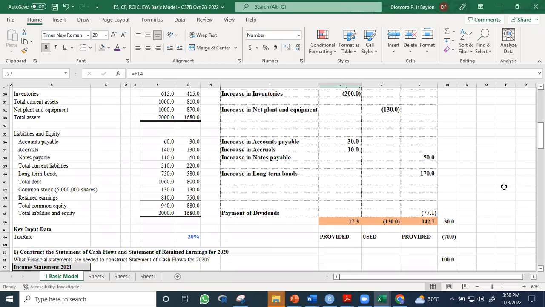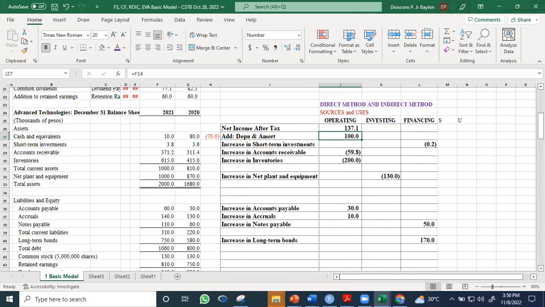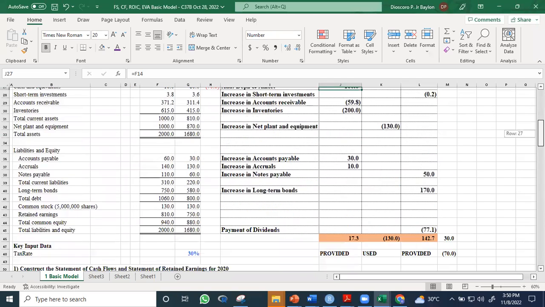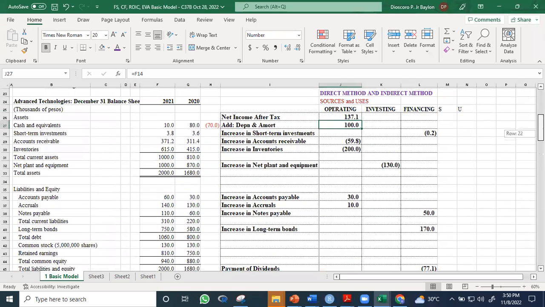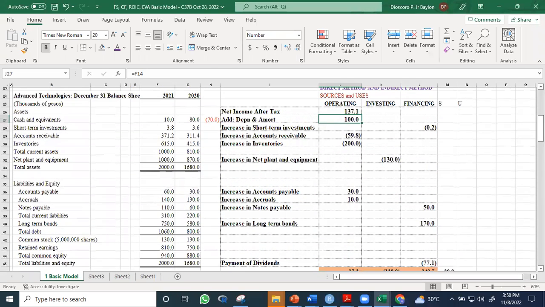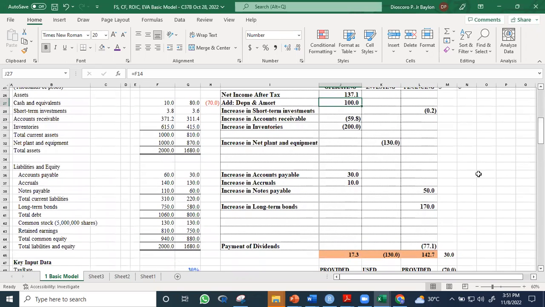By 100, sir. Okay, tingnan natin, guys, ang template natin. Yung 100 na yun, overstated tayo. Ibig sabihin, magbabawas tayo. What is it, guys, here in the template? Can you identify 100 here? Or 250? Hindi naman tong notes payable. Tama naman to, kasi nag-increase siya.